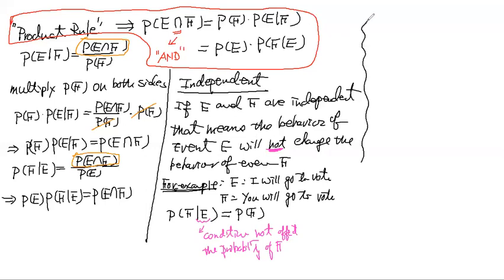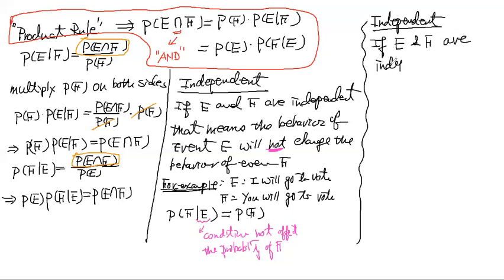So here I'm going to write down independence. It's kind of common sense. If E and F are independent, let's see what the probability of E given F is. Remember that F is a condition.